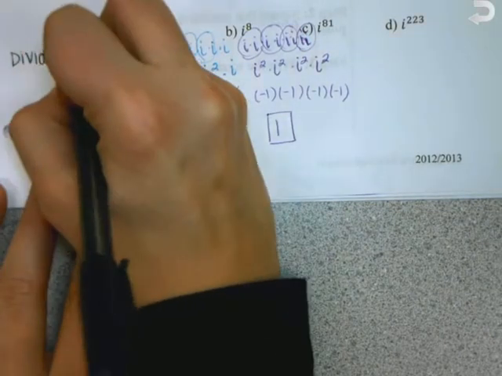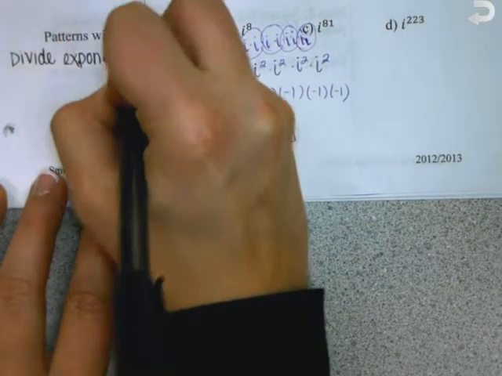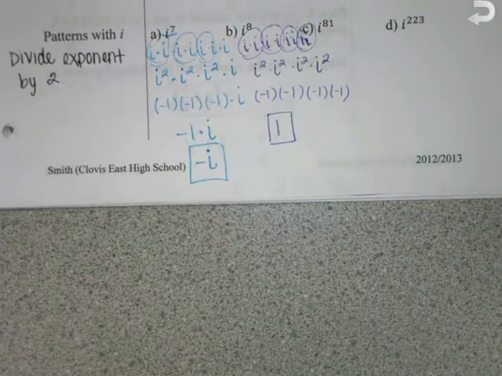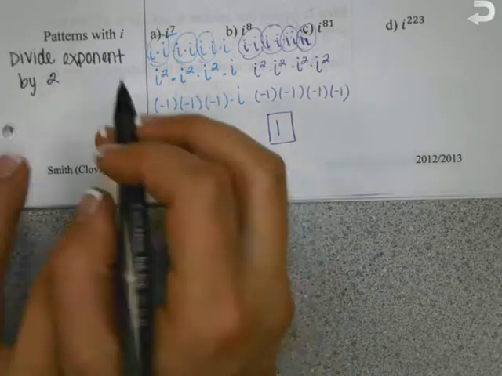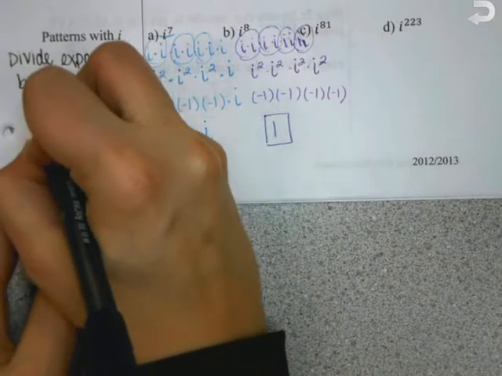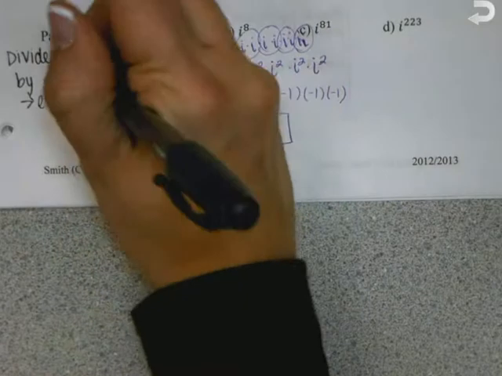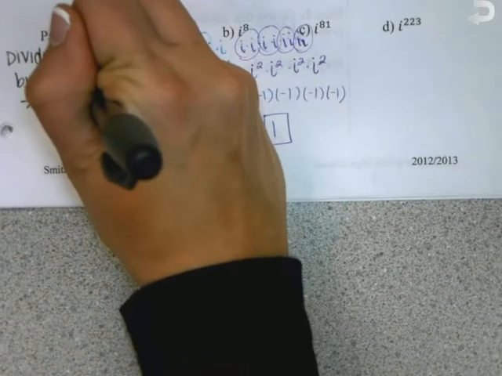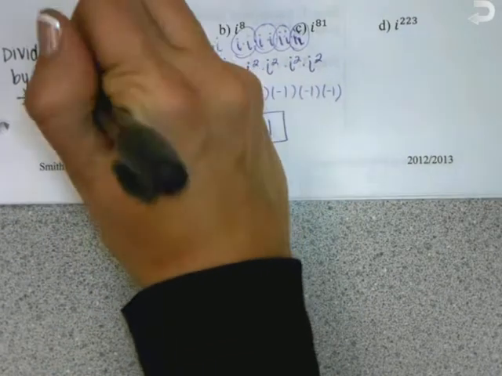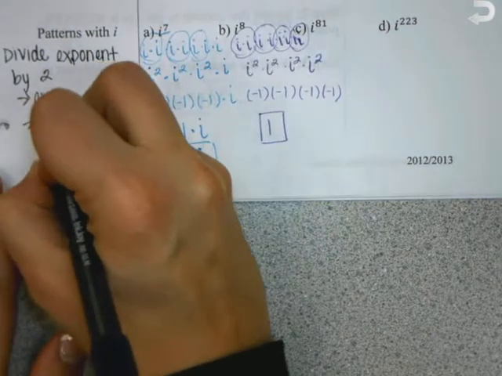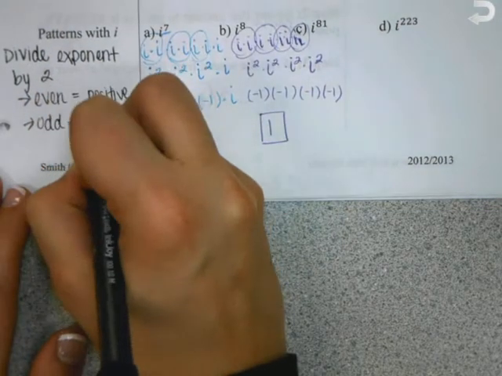If our answer is even, you're going to get a positive number. If our answer comes out odd, it's going to come out as negative. So if we have an odd exponent, we're going to write it first to get an even exponent. Okay? So let's look at this.